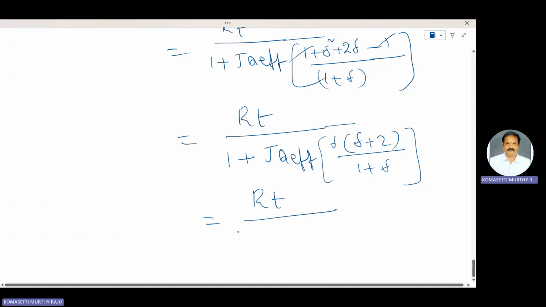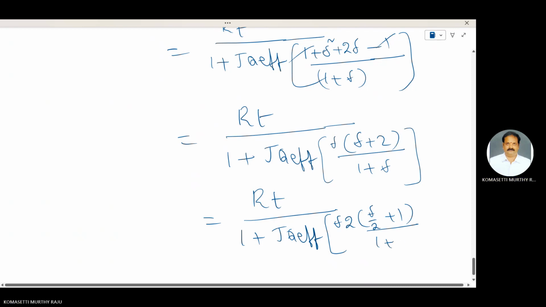Next, here is a 2 term: RT by 1 plus jQ effective, 2 is the common term here, 2 by 2 plus δ by 1 plus δ.